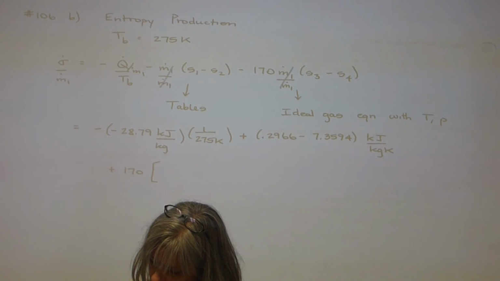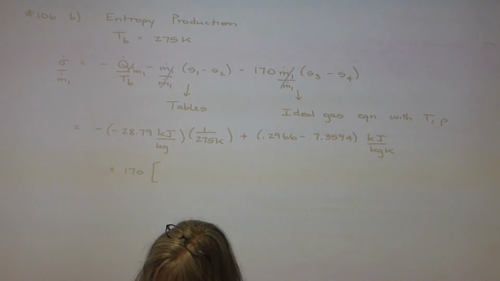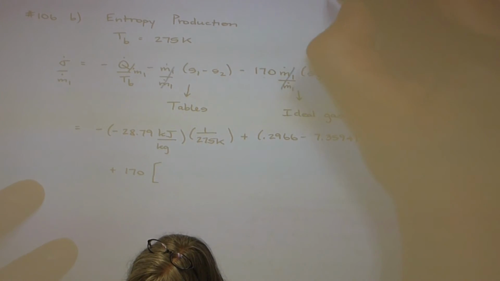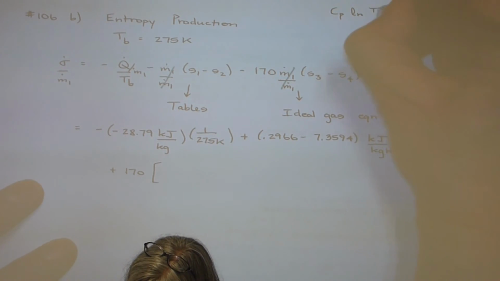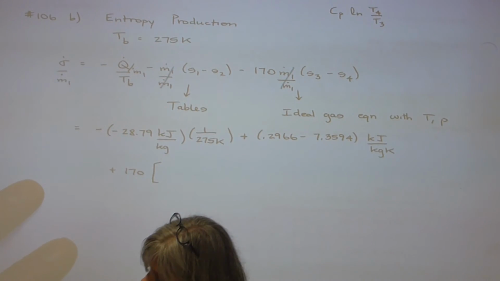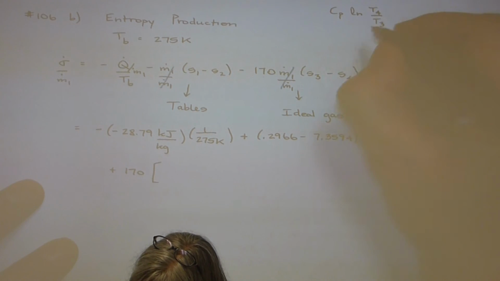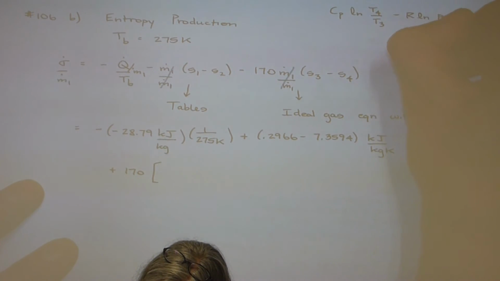Oh, I should have written that out, and I did not. So that equation that I'm going to use, it's the same one we used before. Let me jot it up here. C sub P ln T4 over T3. Can you see? Yes. Minus R ln P4 over P3.